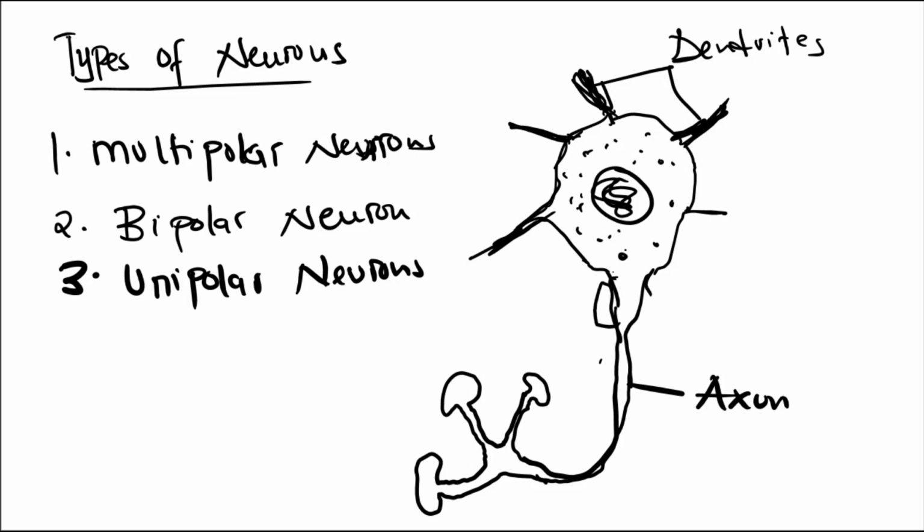The axon can have Schwann cells in the peripheral nervous system surrounding it to provide insulation in the form of myelin sheath. And these are nodes of Ranvier here. So this is a rough drawing of how a multipolar neuron looks. I'm not a very good artist. This is the best that I can do.